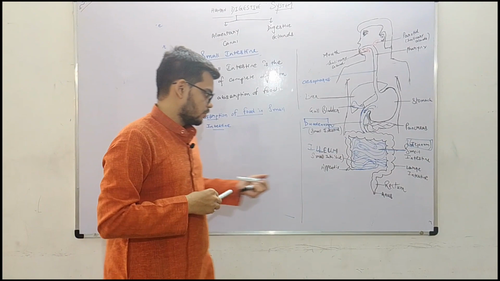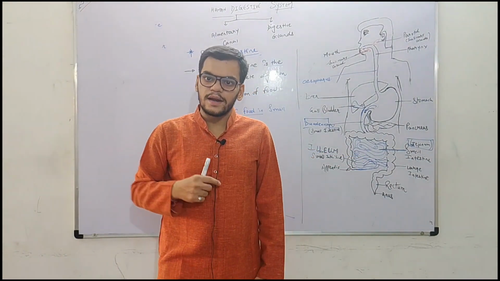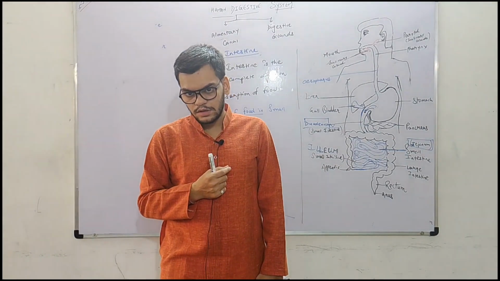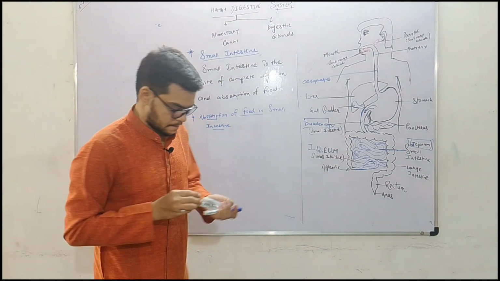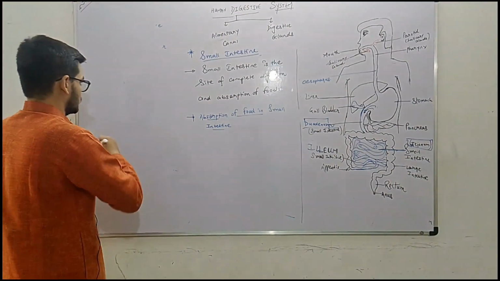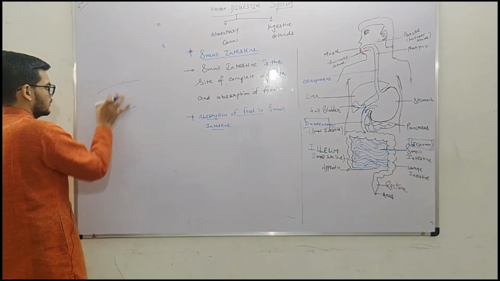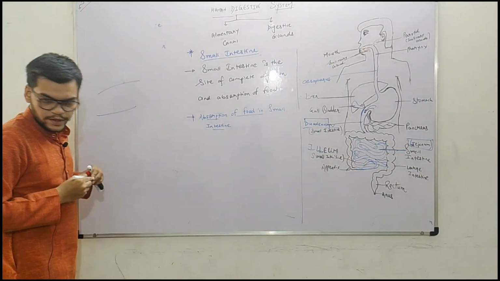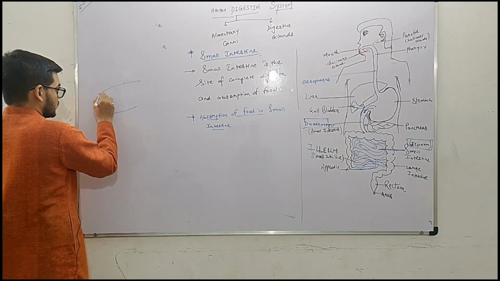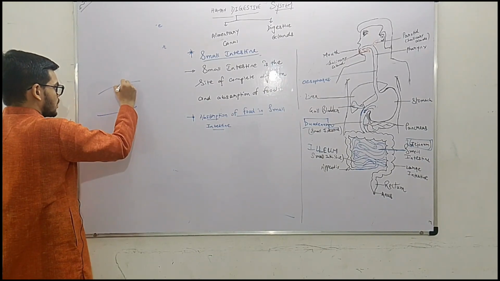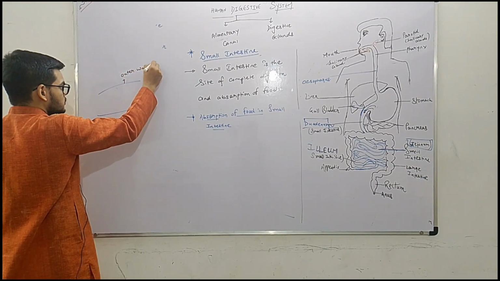For absorption of food, the small intestine contains minute finger-like projections containing blood vessels which are known as villi. So for example, if we draw the lumen of the small intestine, this one is the small intestine lumen. It contains the inner wall of the small intestine. This one is the outer wall of the small intestine.